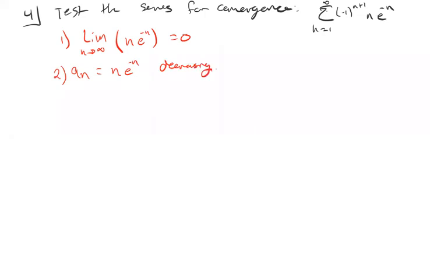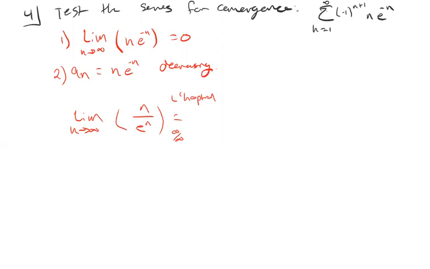Okay, so for the first part, we're going to just say the limit as n approaches infinity of n over e to the n, which is of the form infinity over infinity. So make a little note, infinity over infinity. So by L'Hopital, we can differentiate the numerator and denominator. And I'm being a little sloppy with notation here.